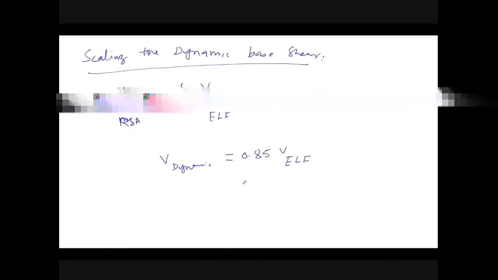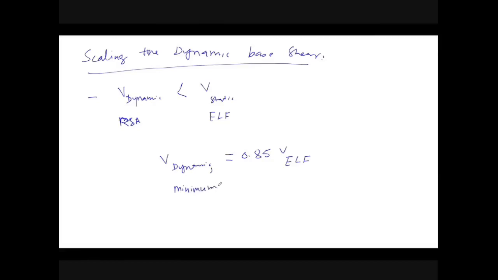So if we have a dynamic force that is less than this, then this will be the governing one. Or maybe I can write here minimum. So the minimum dynamic force will be equal to 0.85 V ELF.